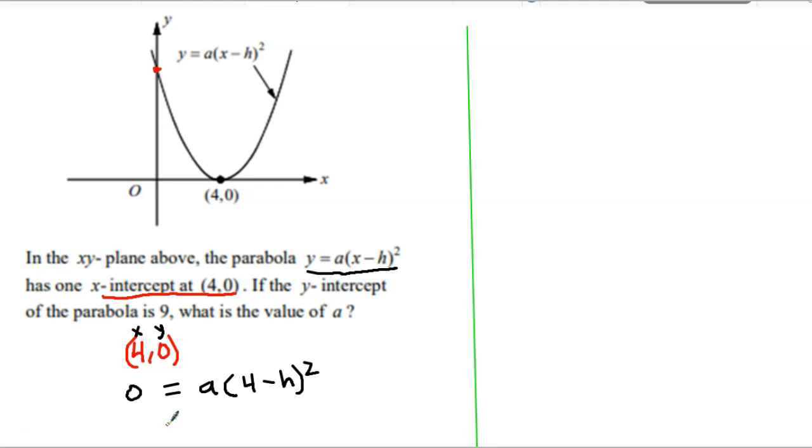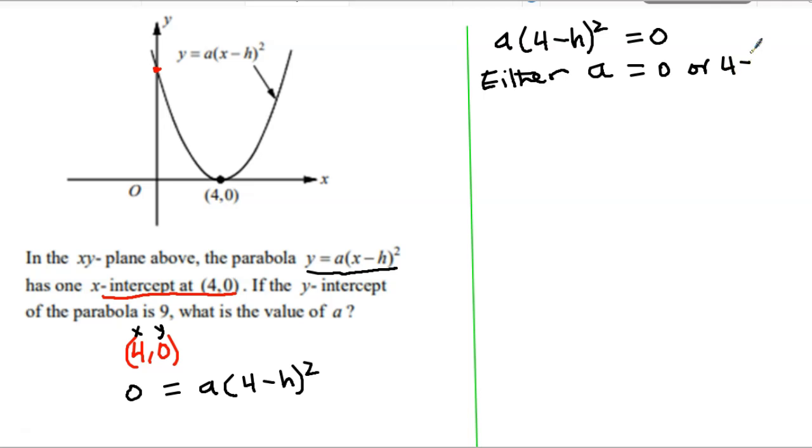Two numbers are multiplying to give 0, so it's either a equals 0 or (4 minus h) all squared equals 0.